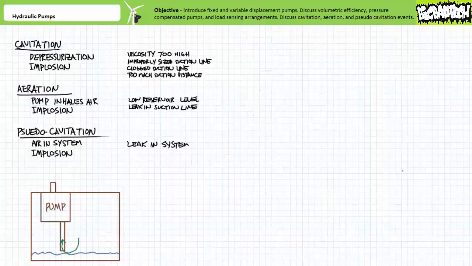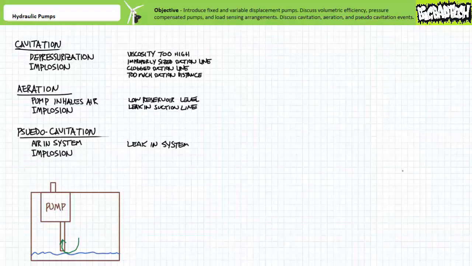Aeration is a related phenomenon with a different source, but the same effects. Aeration occurs if air enters the suction line. For example, aeration can occur if the reservoir level is too low, and rather than sucking up liquid, the pump sucks up a mixture of air and liquid. On the compression and exhaust phase, rapid pressurization implodes the entrained air, similarly damaging the pump.